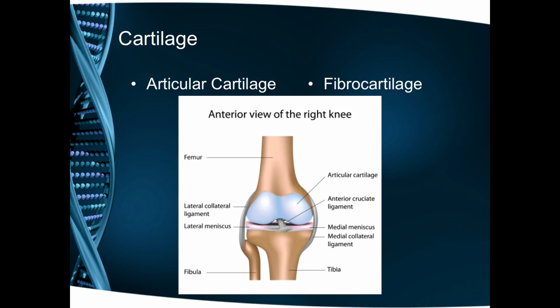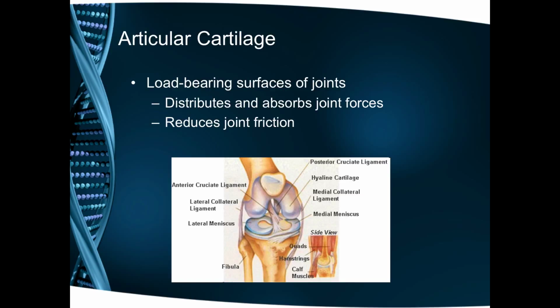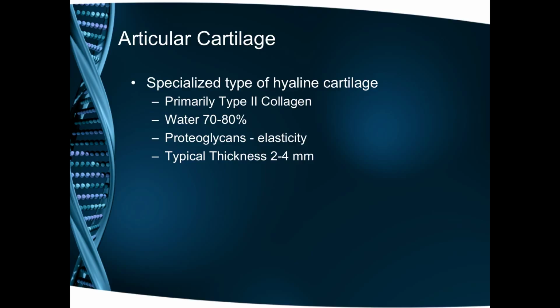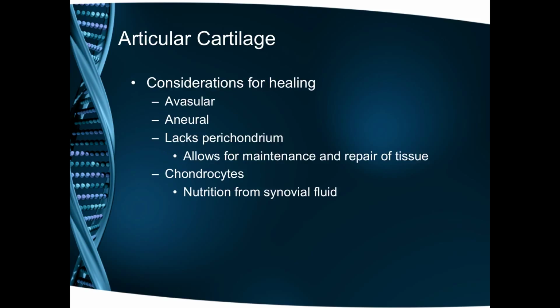So articular cartilage is present at load-bearing surfaces of joints, and the benefit is that it distributes and absorbs joint forces and reduces joint friction. We know that it is primarily made up of type 2 collagen, and it's actually mostly water. And that helps to allow for the deformation and the ability to absorb those joint forces.